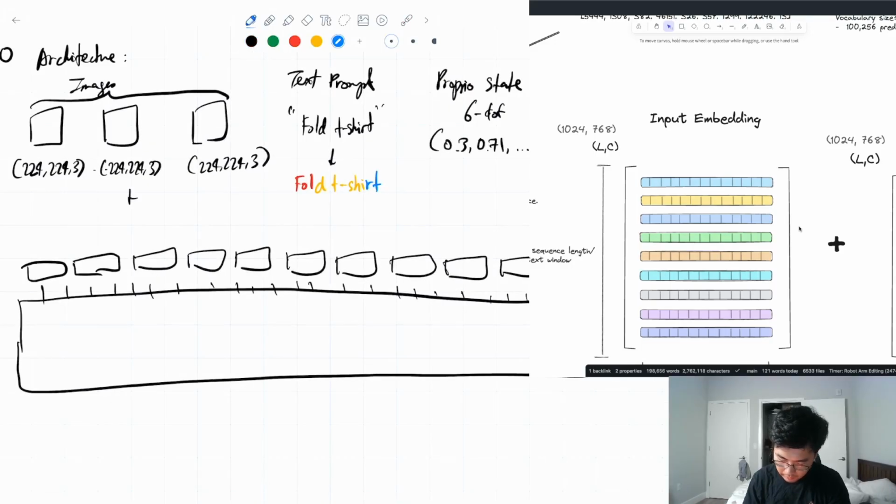So let's say these go here, and your images need to map to some embedding matrix. Before we do that, let's say these go into here, and then the proprio state.